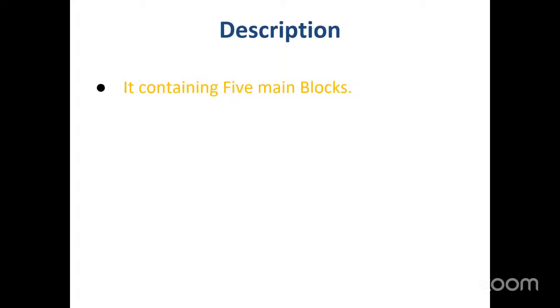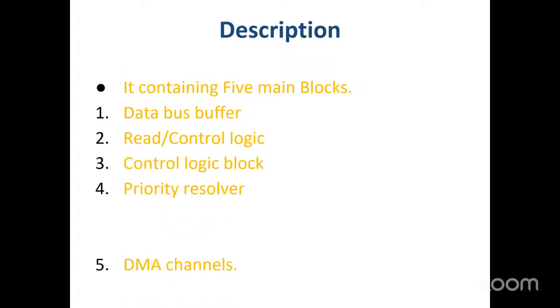Next, all these 5 blocks. How many in total? 5 main blocks: the data bus buffer, read write logic, control logic, priority resolver, and DMA channels.